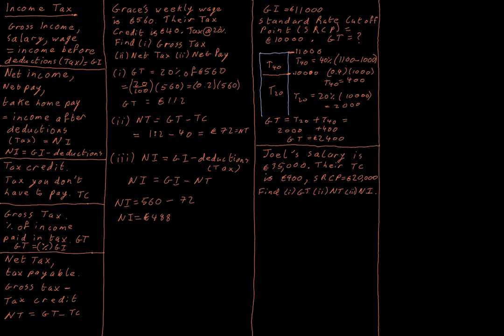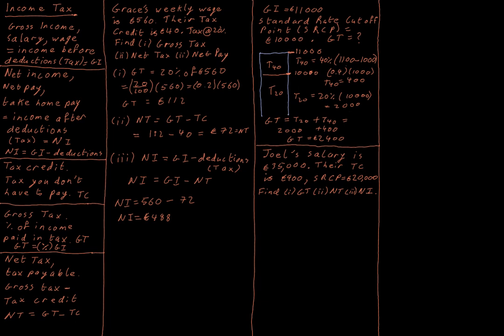So up to, this is not the actual standard rate cutoff point that we use, but as an example to make the numbers very straightforward, if we imagine that we had a gross income of 11,000 euro, and we were then told there was a standard rate cutoff point. The standard rate is 20%. So the cutoff point for the standard rate of tax in this example is going to be 10,000 euro.